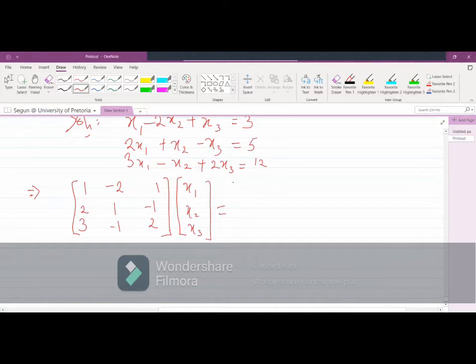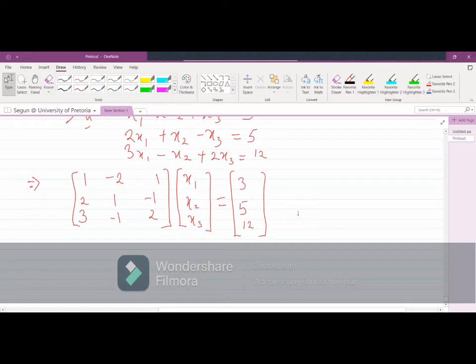Then equals the constants: 3, 5, and 12. So we need to work on this. Don't forget, in this case, this represents our A, this represents our X, and this represents our B.